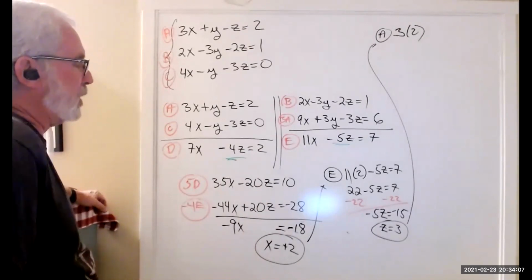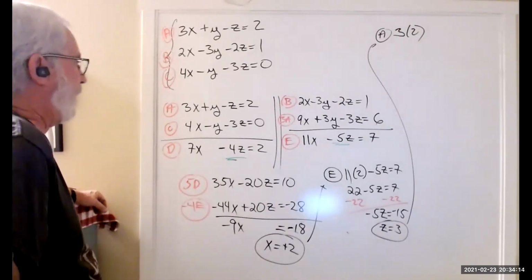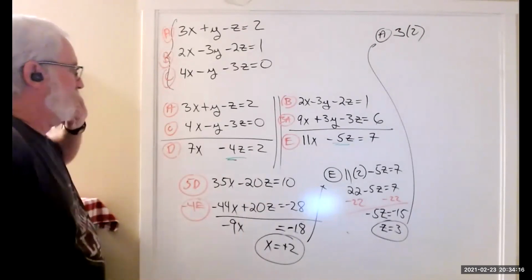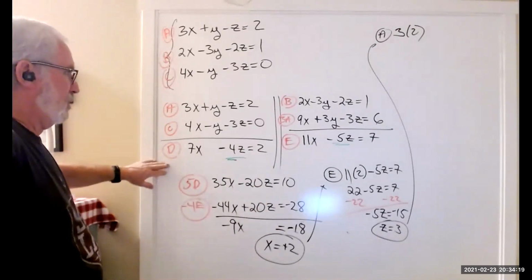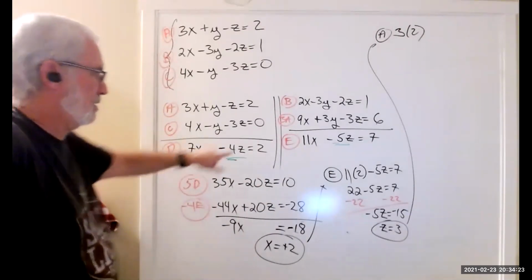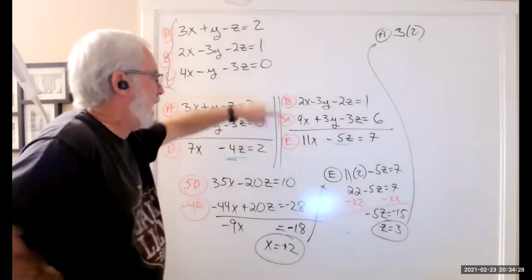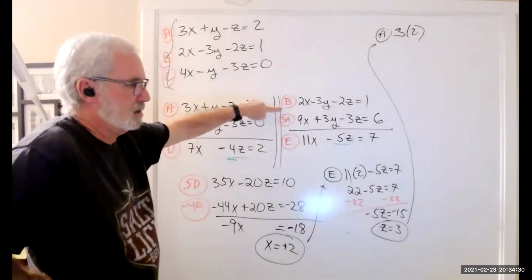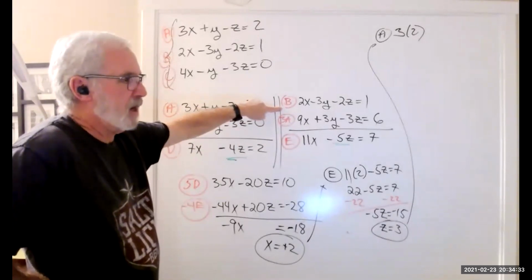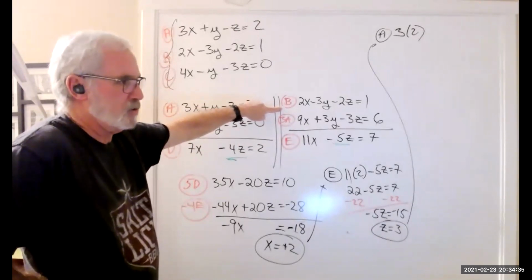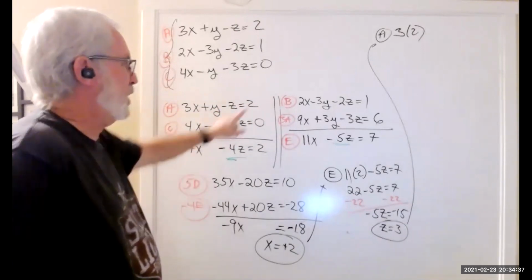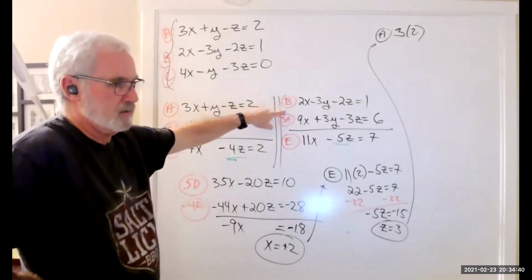Did you add it with equation B? I added equation A and C. And then I got D. And then I took A times 3. And then I was going to add D to that. No, add B to that. You have to add the unused equation, not the new equation, the unused equation.